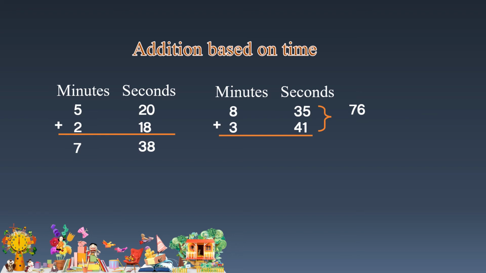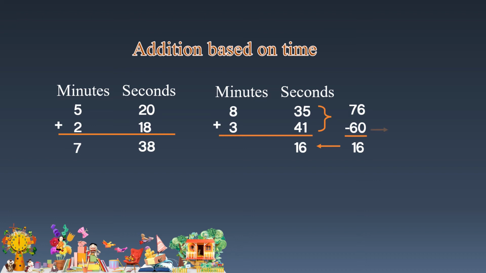Therefore, we'll separate it. That means I'm going to subtract that 60 from 76. So 76 minus 60 is 16. So we can have that 16 under seconds column, and I'm going to give the 60 seconds to minutes column.